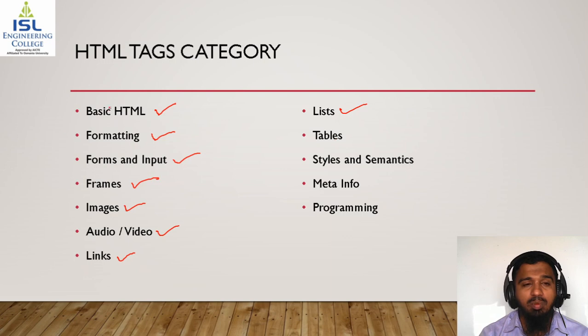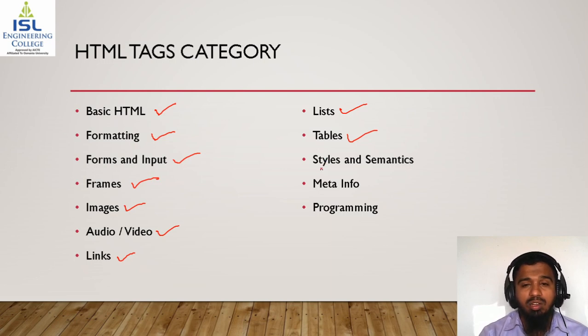In an ordered list, in place of this dot, it will be 1 2 3 4 5 6, or maybe A B C or Roman numerals, anything. Tables, like how to create a table, how to insert a row in the table, how to create a column, that all comes under table.